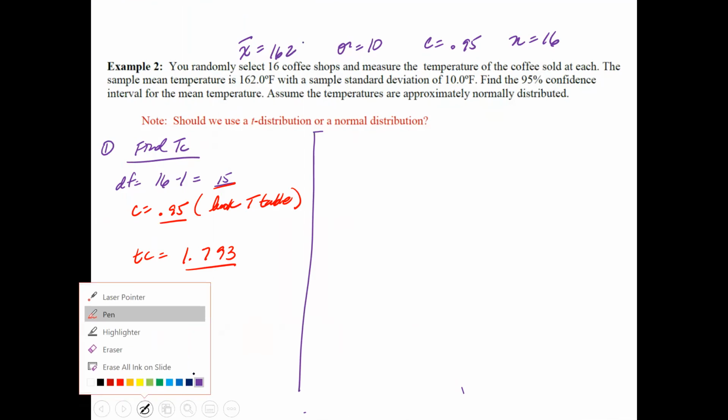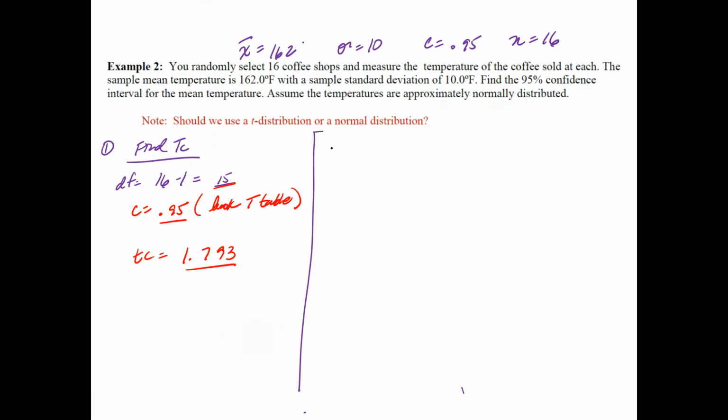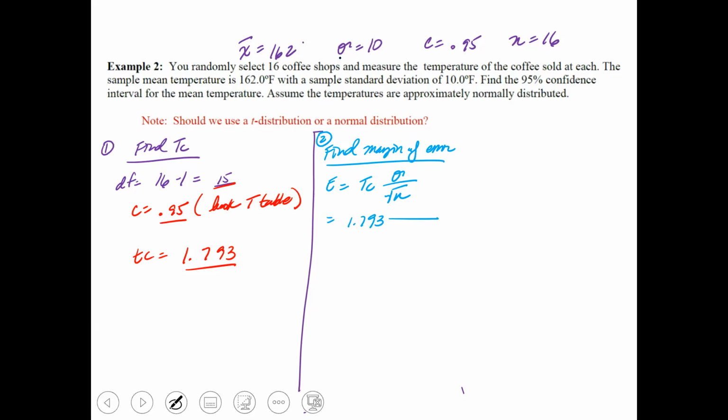That's my first thing. The second part is to find the margin of error, your E value. Remember, your E value is t_c times the standard deviation over the square root of n. So that's 1.753 times the standard deviation, which is 10, over the square root of 16.